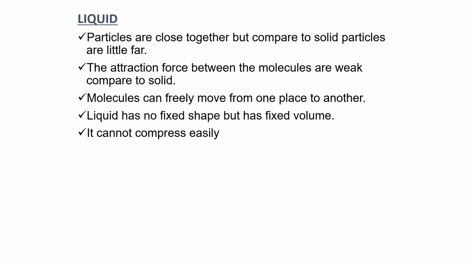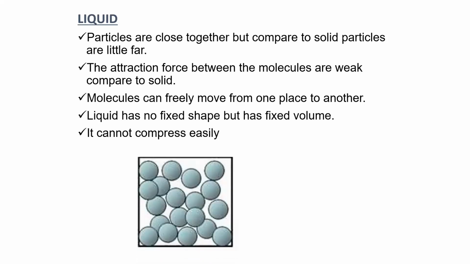Liquids also cannot be compressed easily. These particles can move around and move past each other, but the total volume occupied by these particles will not change. That's why we say liquids have a fixed volume.